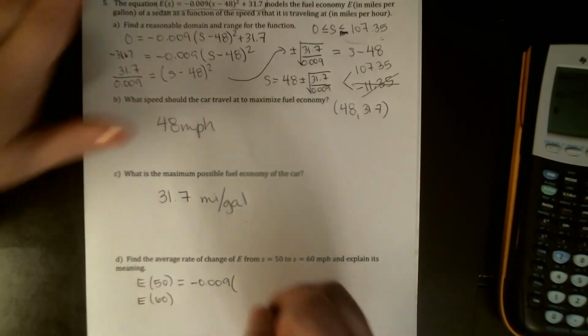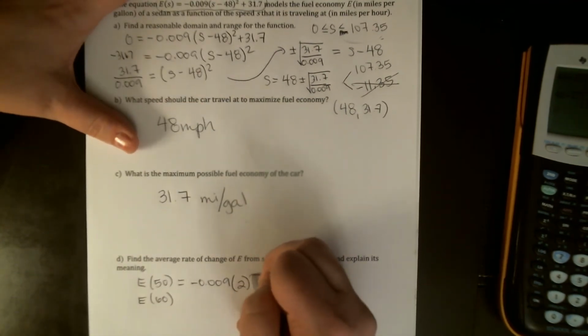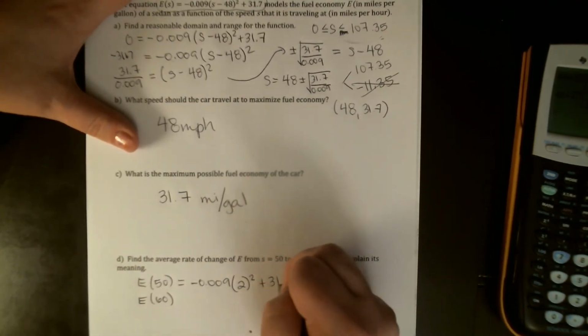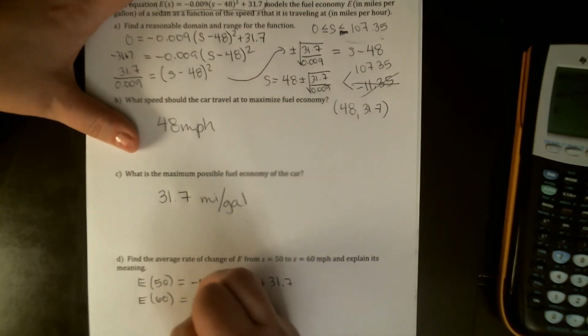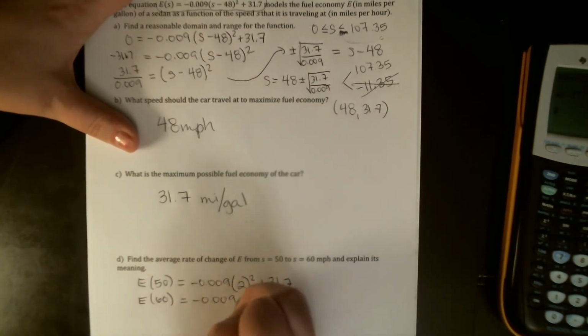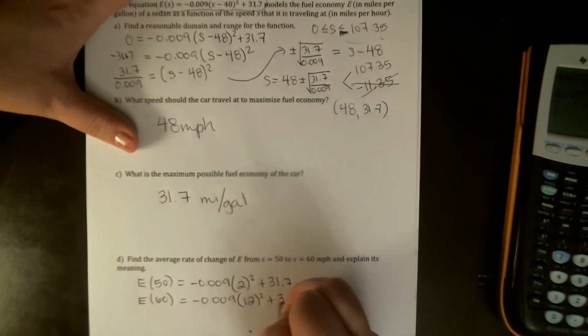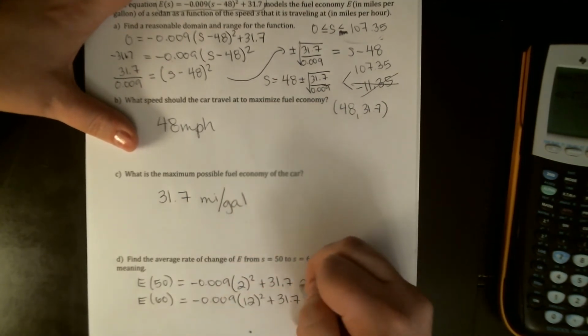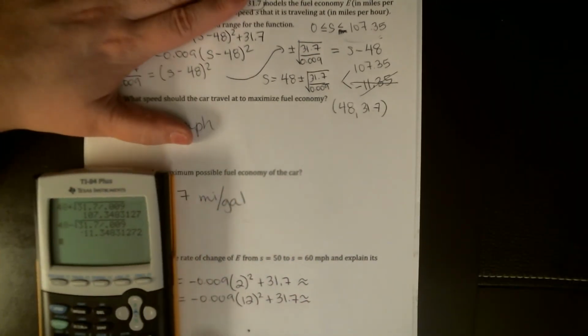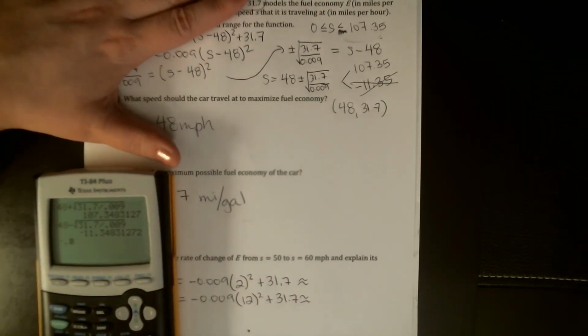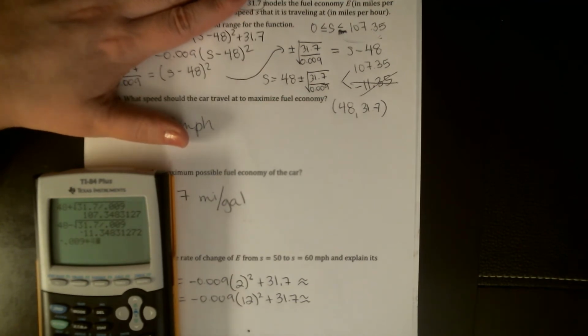Okay, so what do we get here? We get 50 minus 48, which is 2. And then we get 60 minus 48, which is 12. Okay, so let's go ahead and ask the calculator. Negative 0.009 times 2 squared, which is 4, plus 31.7.